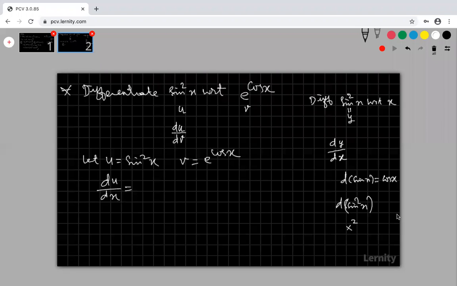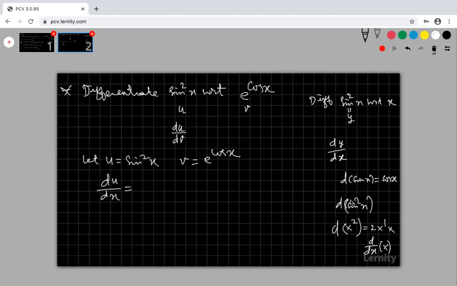For sin x we have a direct formula, but for sin²x, since the power is other than 1, you can consider the base as some x, or u or v. So if I consider my base sin x as x, then what is the differentiation of d of x²? That is 2x^1 into d/dx of this x.